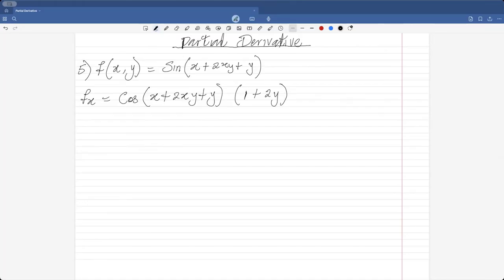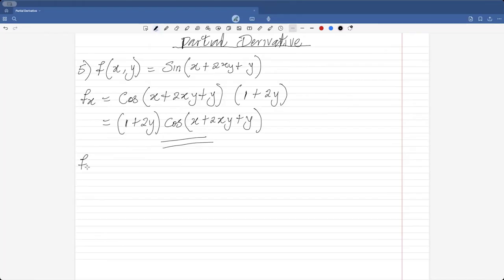So finally, we have open parenthesis 1 plus 2y close parenthesis cos open parenthesis x plus 2xy plus y close parenthesis. And that's the final answer if we differentiate with respect to x.